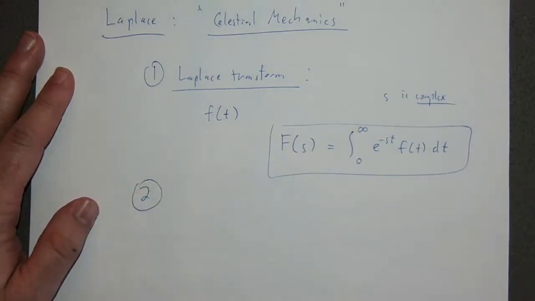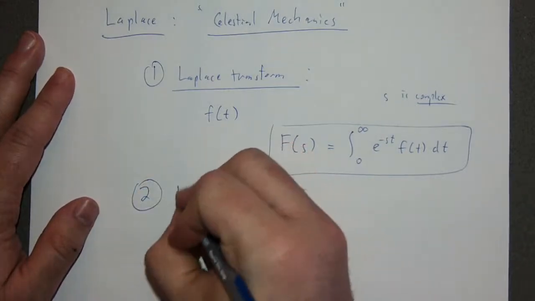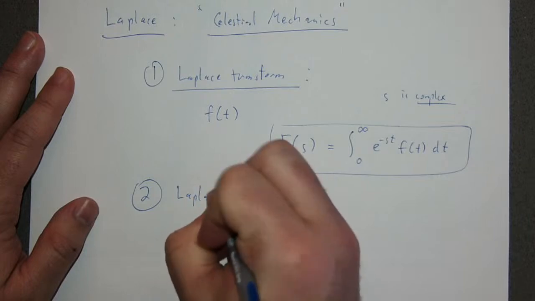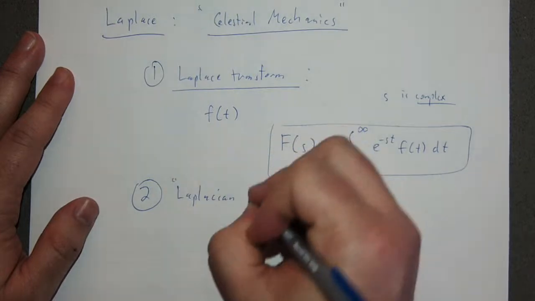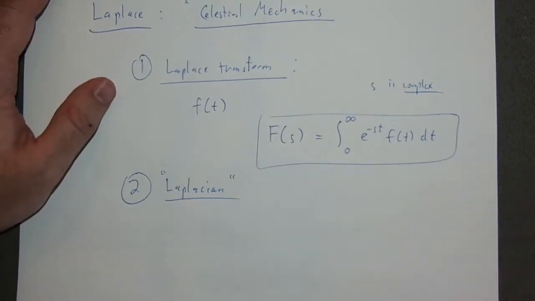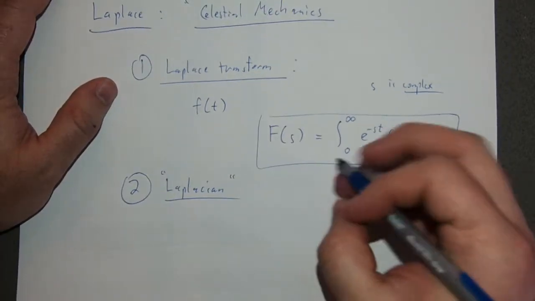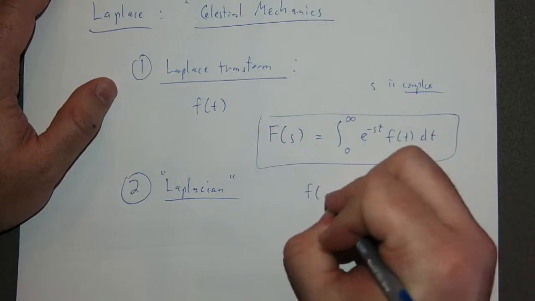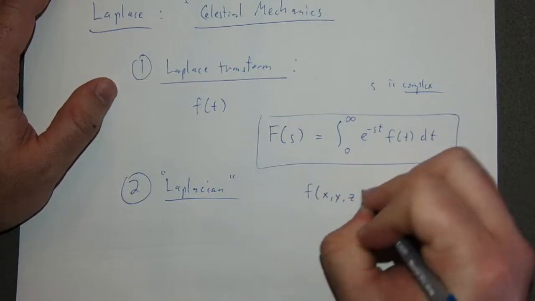He also wrote out the Laplacian. So what is the Laplacian? If I have a function, we'll say, of 3 variables, so let's call it little f of x, y, z.